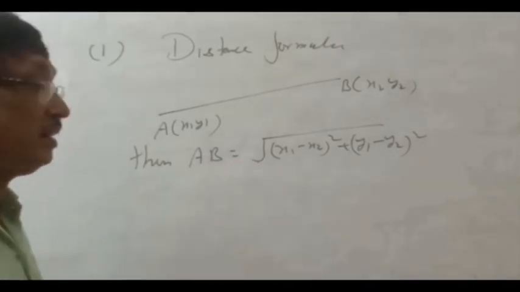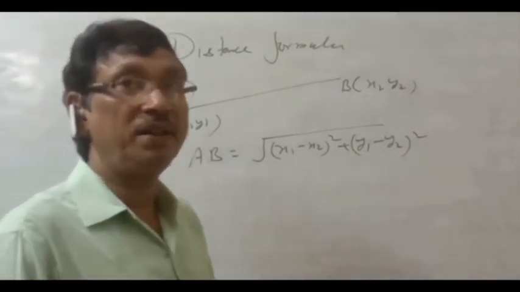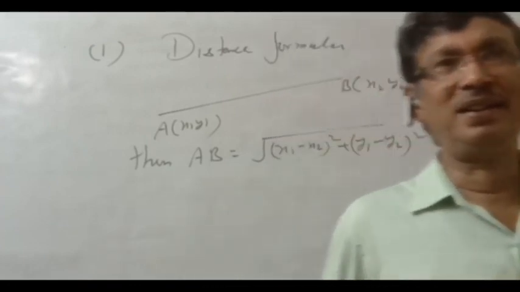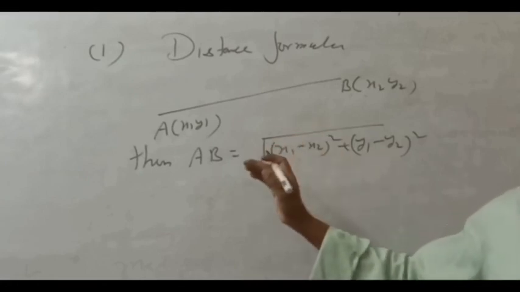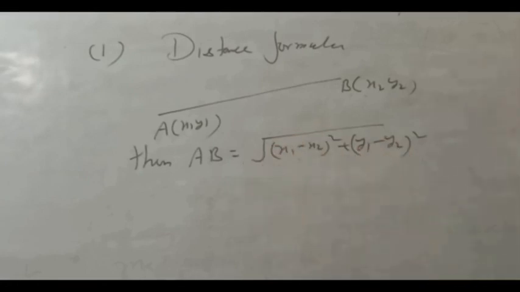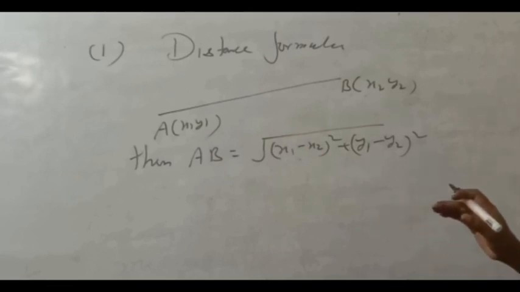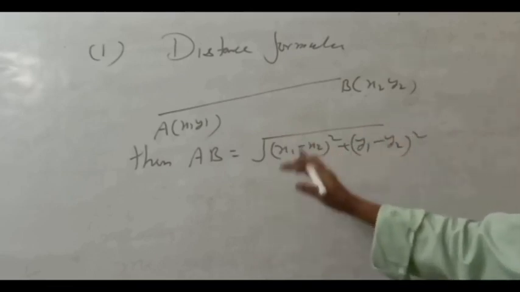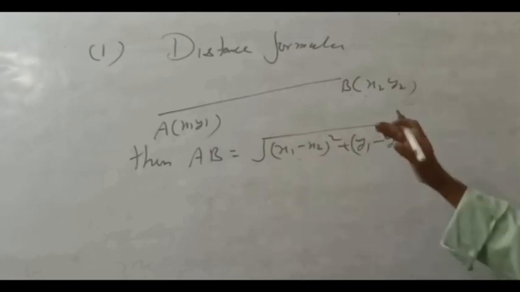The benefit of this formula: if the coordinates of the vertices of geometrical figures, that is a triangle or quadrilateral, are all given, then we can easily recognize that this is a right angle triangle, this is an isosceles triangle, this is an equilateral triangle. Right angle triangle, one angle is a right angle, or use the Pythagoras theorem.